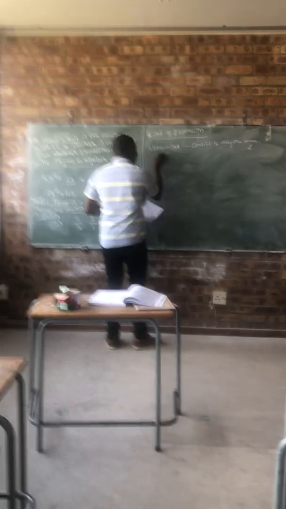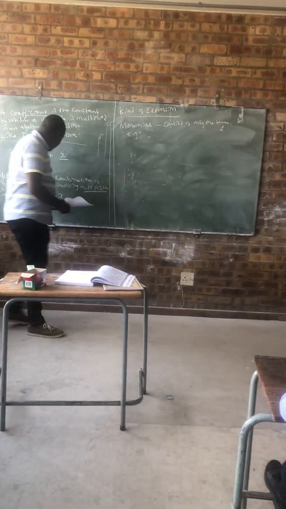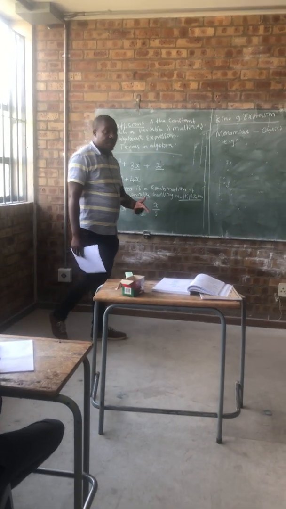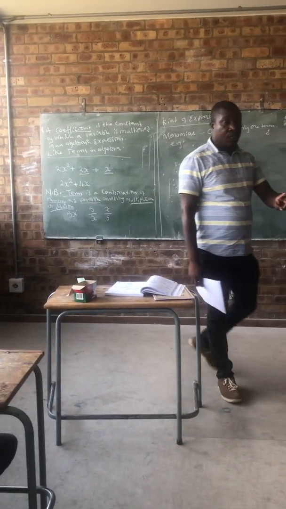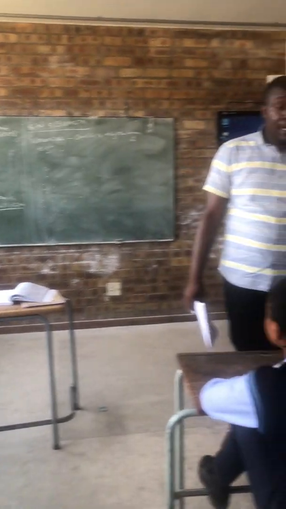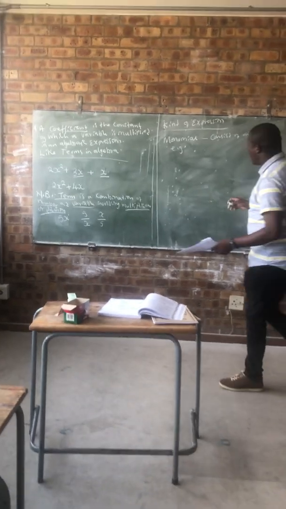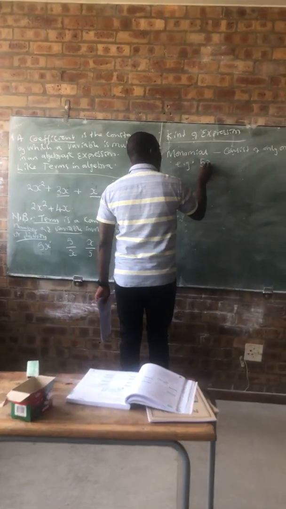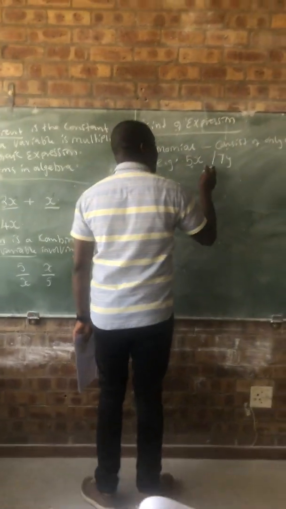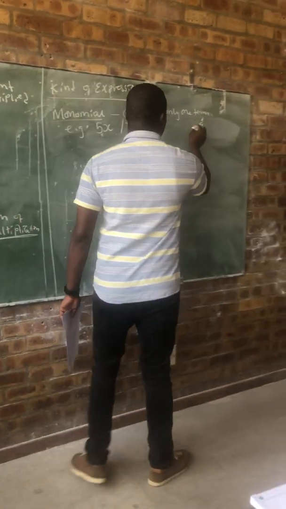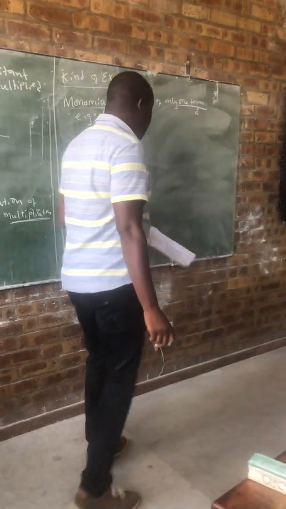For example, 5x. 5x is a term. How do you see that it is a term? It's a combination of a number and a variable and involved in multiplication. So 5x or 7y, all these are monomials because each consists of only one term.